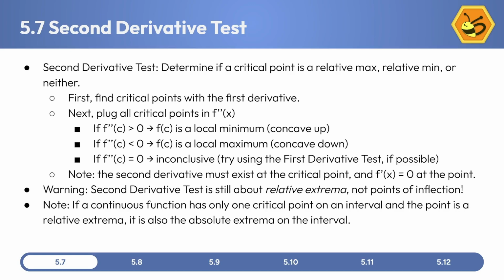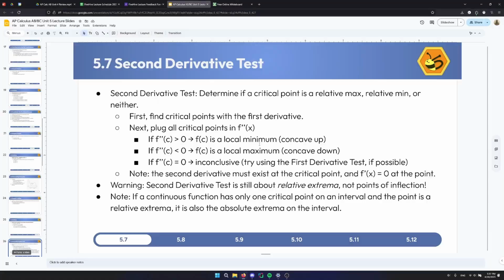And then, this is the rule that I used back during that optimization problem. If we have a single critical point, and that point is a relative extrema, that must be the absolute extrema on the interval. I think some of us had some confusion about this concept.